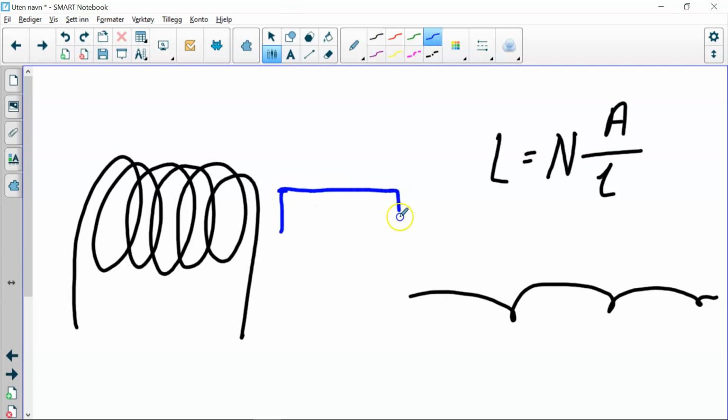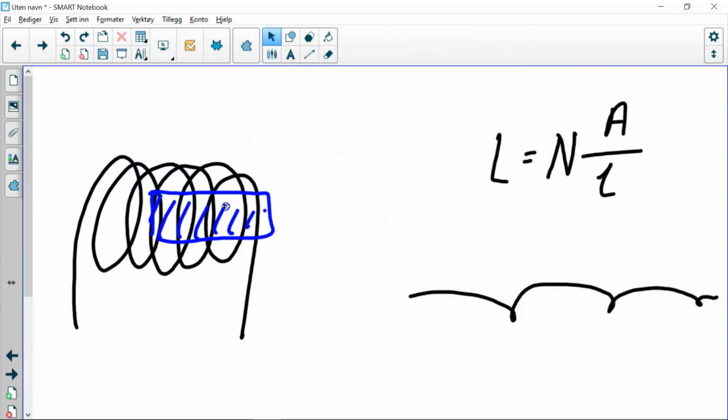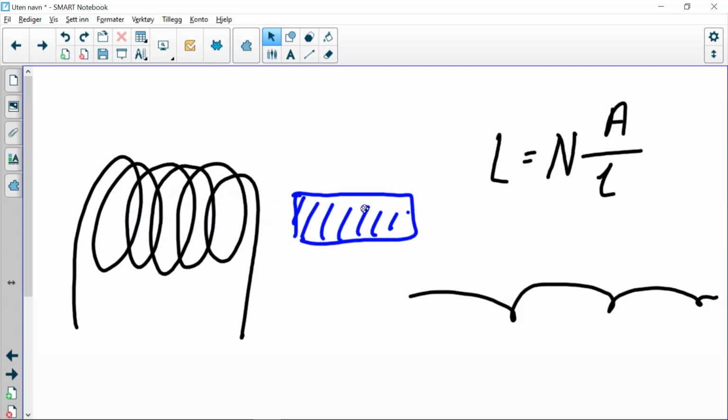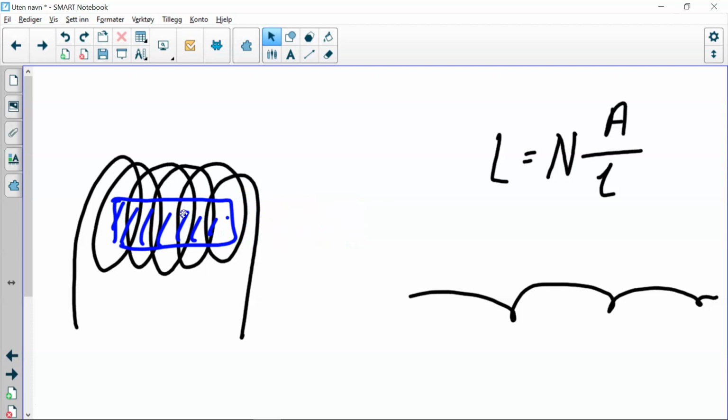But if I have a piece of iron and I push that piece of iron inside the coil, that would actually help the magnetic field. So a core inside will indeed influence the magnetic field. Here the inductance will be lower than here.